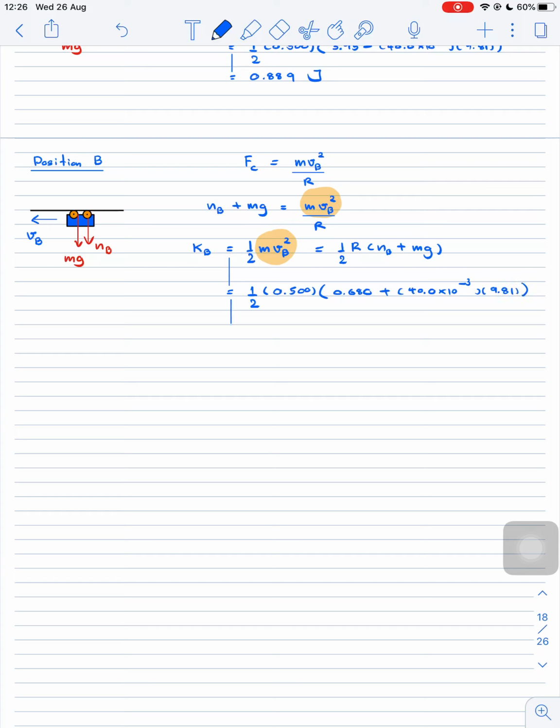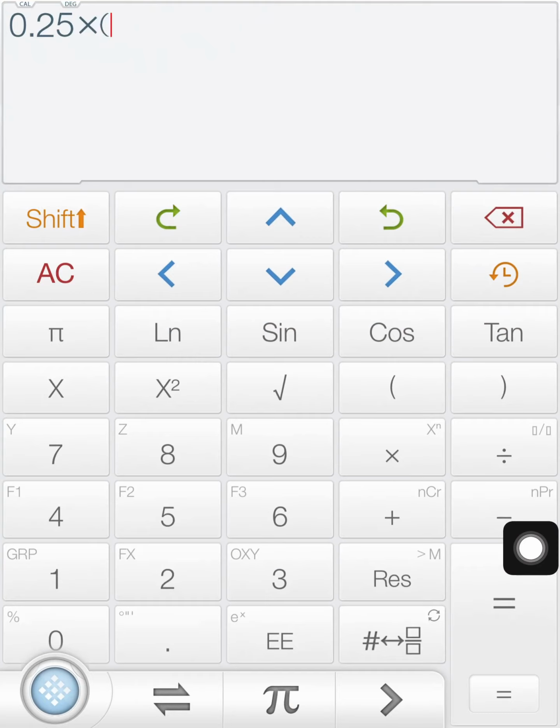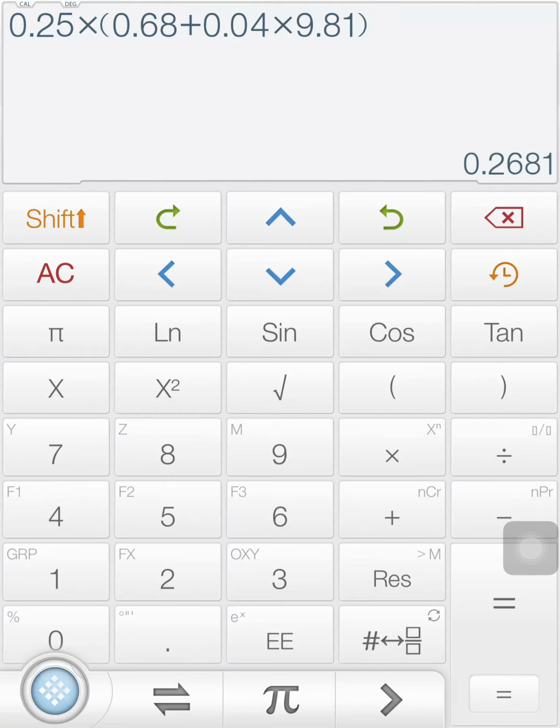So in this case, it equals 0.68 plus 0.04 times 9.81, which gives 0.268 joules.